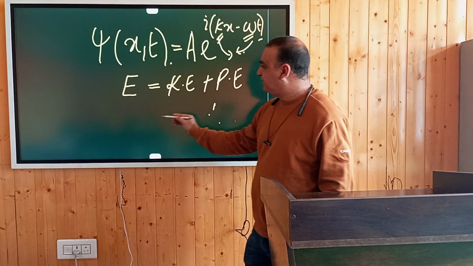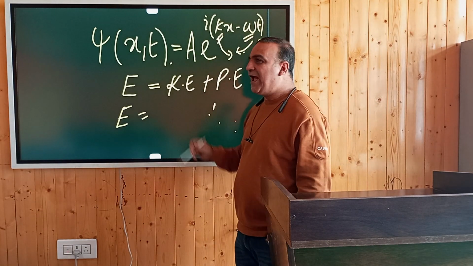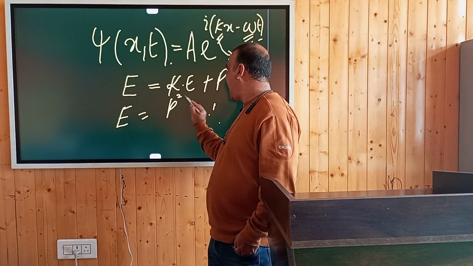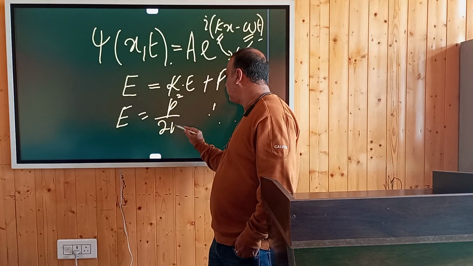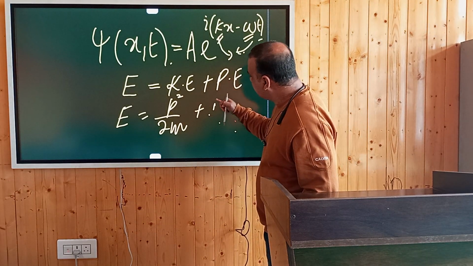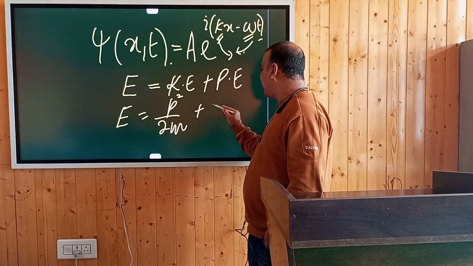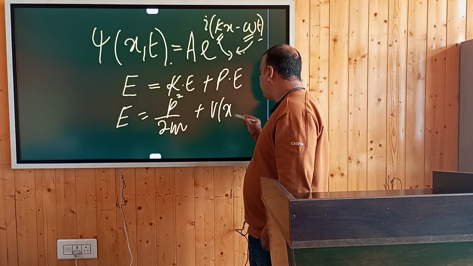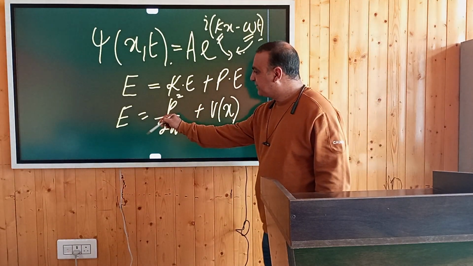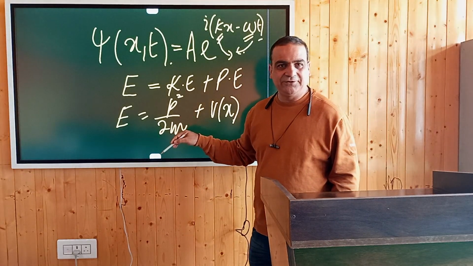For kinetic energy, it's 1 half of mv squared. I can write this as p squared by 2m, plus, since I'm choosing my wave function along x, the potential as a function of x. So your total energy is the sum of kinetic energy and the potential energy.